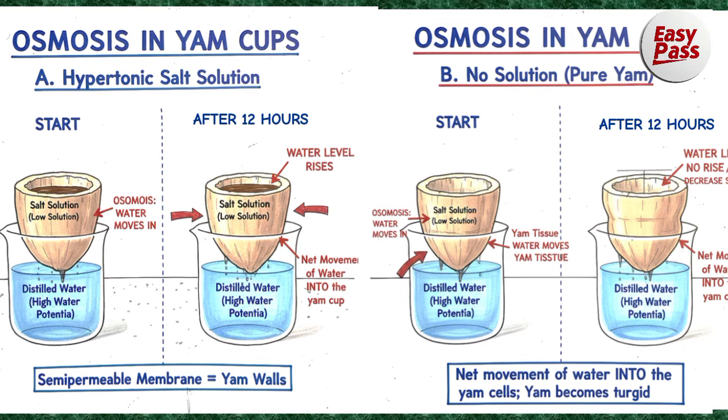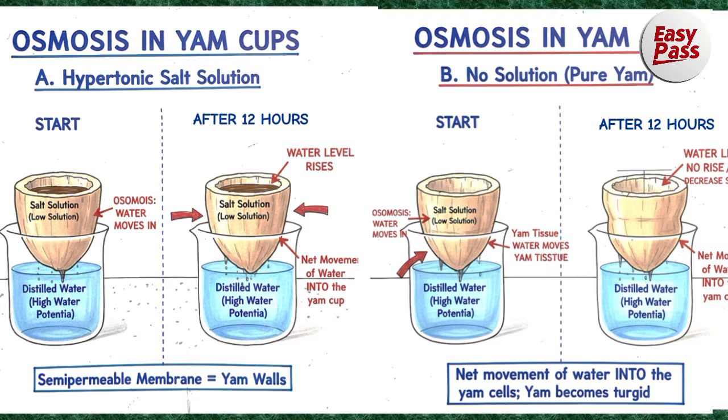The setup was left for some period of time. After 12 hours, it was observed that the level of the solution in A rises, while in B, no solution comes into the yam tuber.